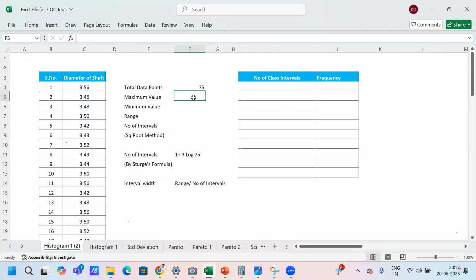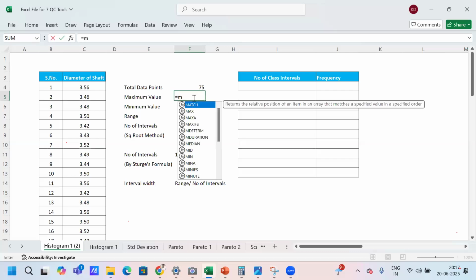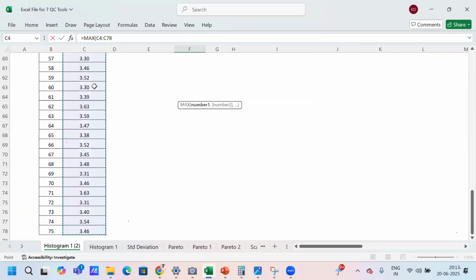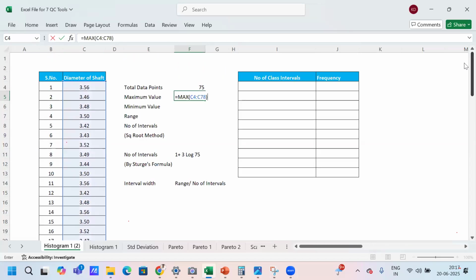Now I told Akash, please tell me the maximum value. How to do that? I will use the formula equal to max. I will select this, then Control Shift arrow down, bracket complete, enter. So the maximum value is 3.63. I told Akash to first count the data points using Excel.